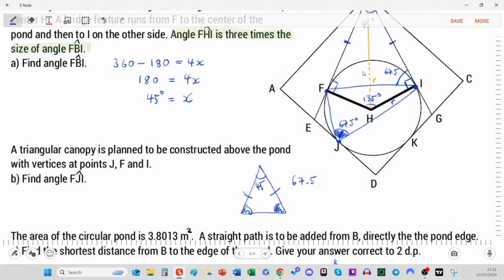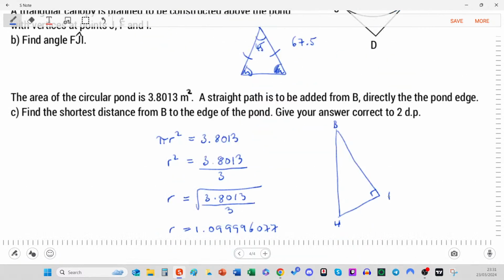We've just found out, let's call it I, that this is 1.09, and I'm going to put dot, dot, dot, because it's going to continue, and whenever I want the calculator, I'm going to go back to this big value.